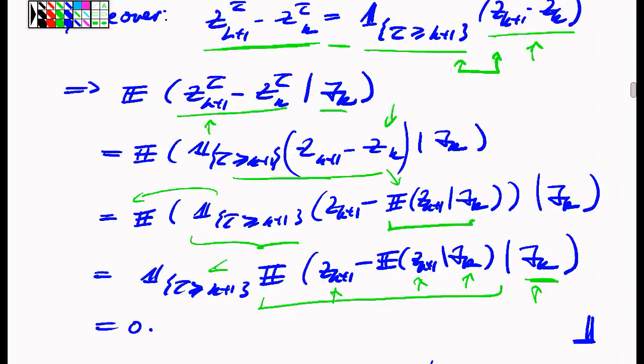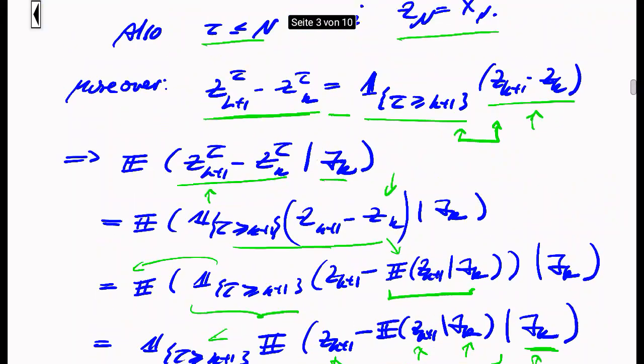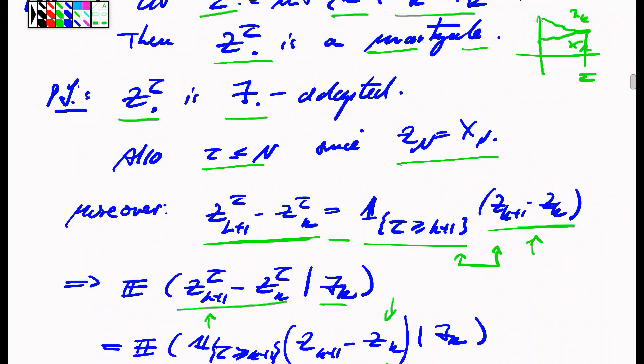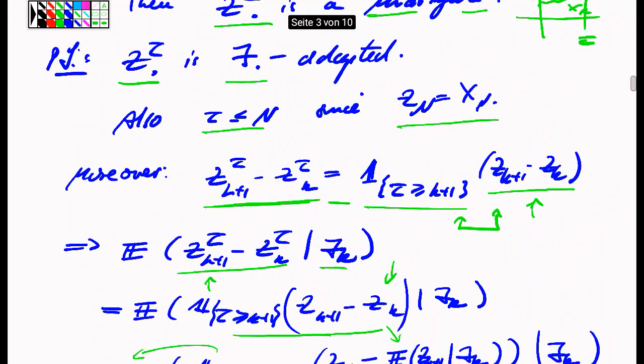So this is the difference of a projected thing and the non-projected thing after we take the projection, and that's a 0. Hence, we have seen that this stopped process is in fact the martingale.